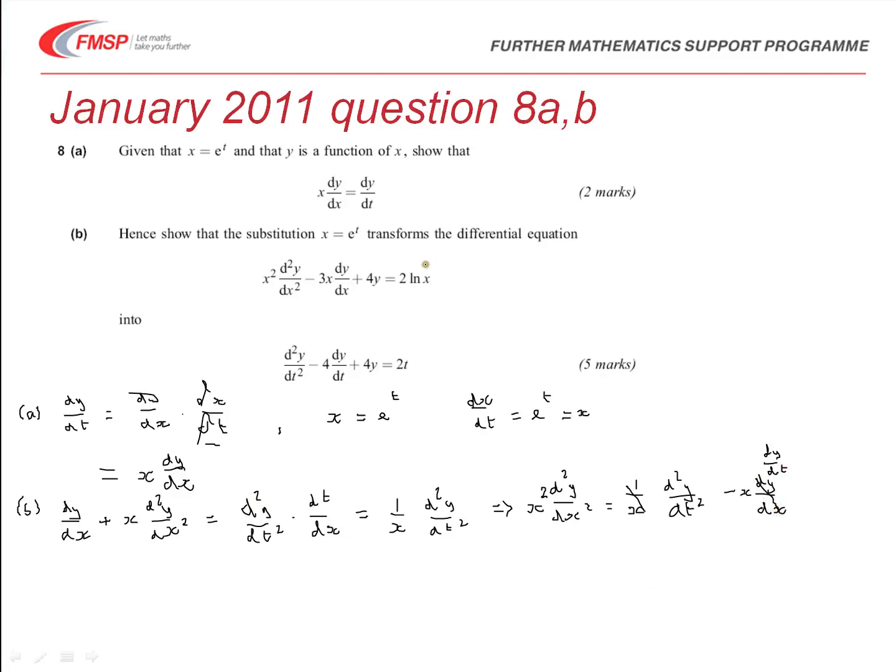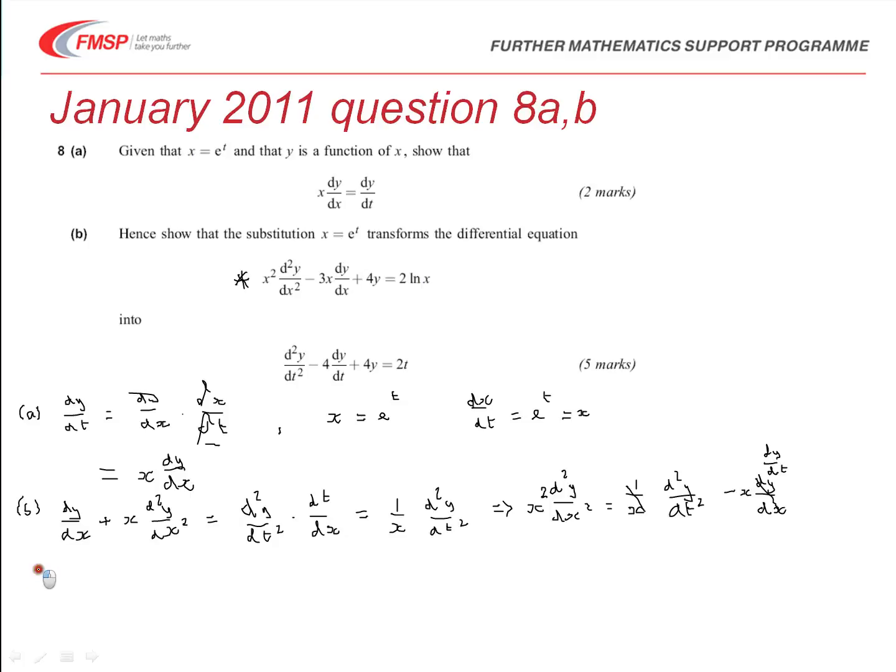So now if we take this expression from up here, I can now transform this, because the x squared d2y by dx squared I know is given by this part. The 3x dy by dx can be replaced there with 3 lots of dy by dt. The 4y will still be in it, and then we've got twice ln x, but I know if x is equal to e to the t, then t is equal to ln x, so this becomes 2t.